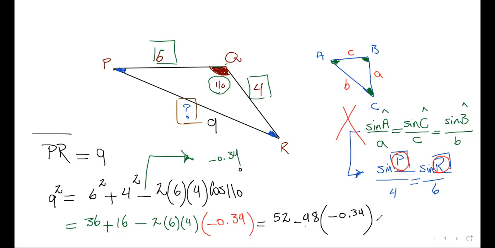Plus. Then I have 52 plus. Can anybody put that in the calculator? 48 times 0.34. 16.32. Then the total becomes how much? 68.32.